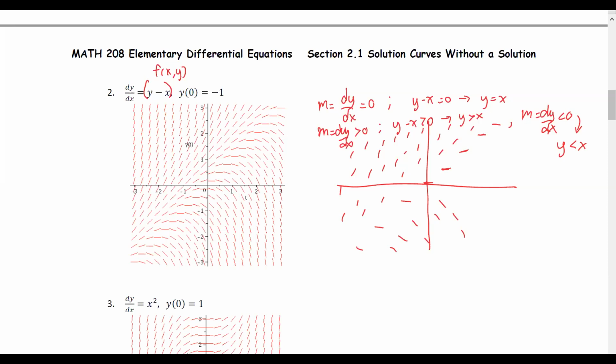So on the right side of the line y equals x, the slope will be negative. To plot the solution curve passing through the ordered pair 0, negative 1, locate the point at the location 0, negative 1, and then sketch the solution curve by drawing the curve along the slope.